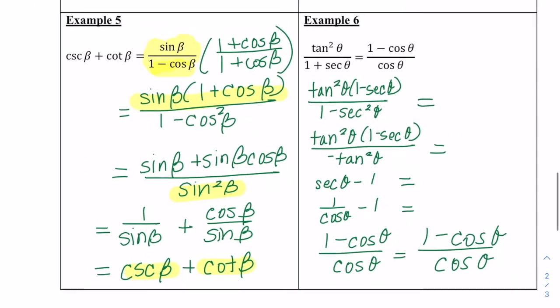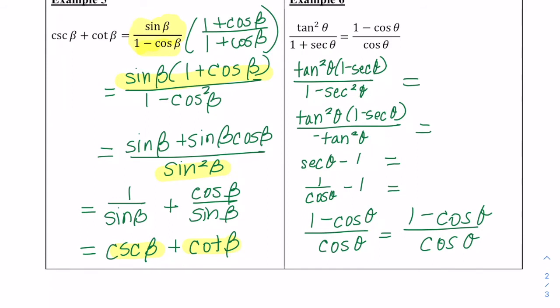For example 6, it's definitely your choice. I would choose the left side because I see that the right side is already in cosine, and changing things into cosine and sine is really always our last resort. So I want to work with the left side and try to use the identities as much as possible. So I see tangent and secant, tangent squared is secant squared minus 1, and I know that's the Pythagorean identity.